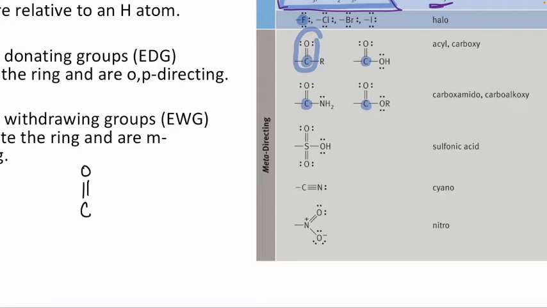C double bonded to an O, these are called carbonyls. It's called a carbonyl bond. Okay, so let's put it in our vernacular here. If there is a carbonyl carbon bound to that ring, as is the case with all of these groups here, that is a meta-director.